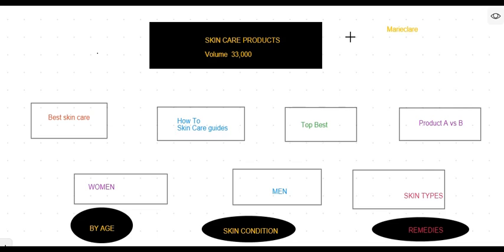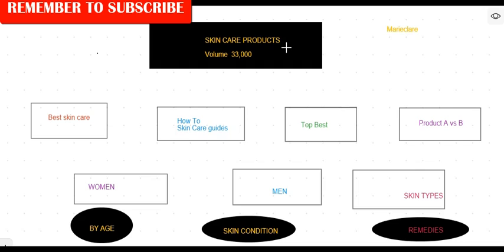In this case, I'm using this as an example: this keyword here is about skincare products. This is a general keyword. It's not focused on one particular product, but it has a huge volume of searches. Many of the trainings that I've seen online would obviously tell you to stay away from keywords like this.